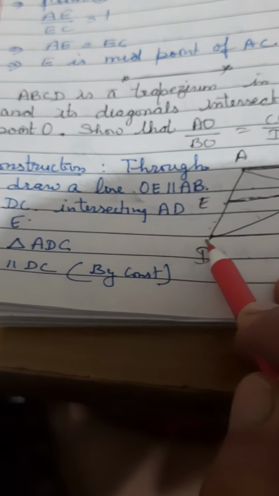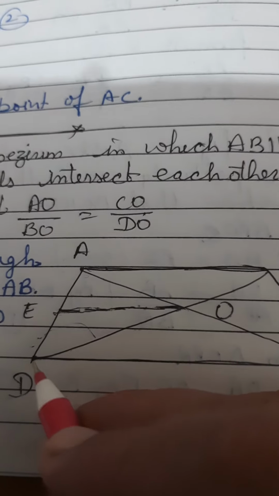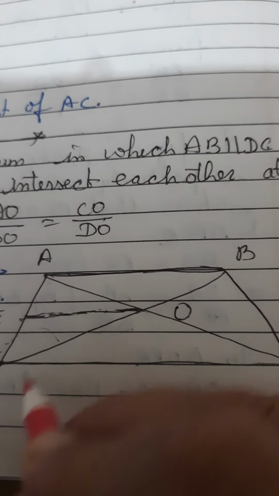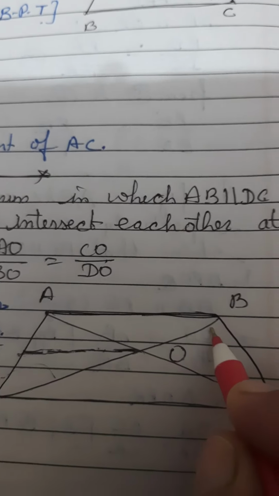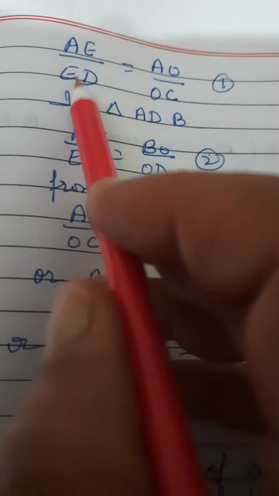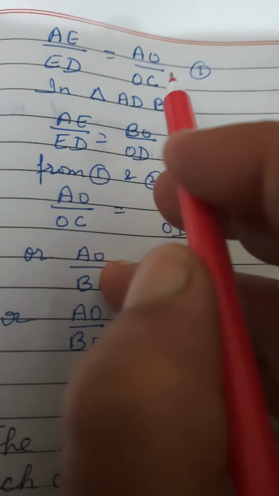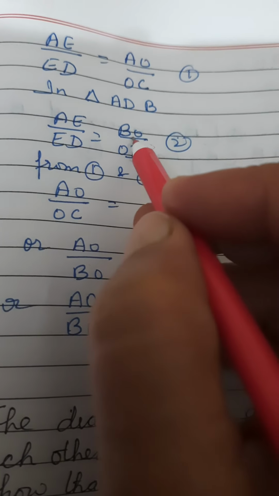See here, DE by EA is equal to DO by OB.